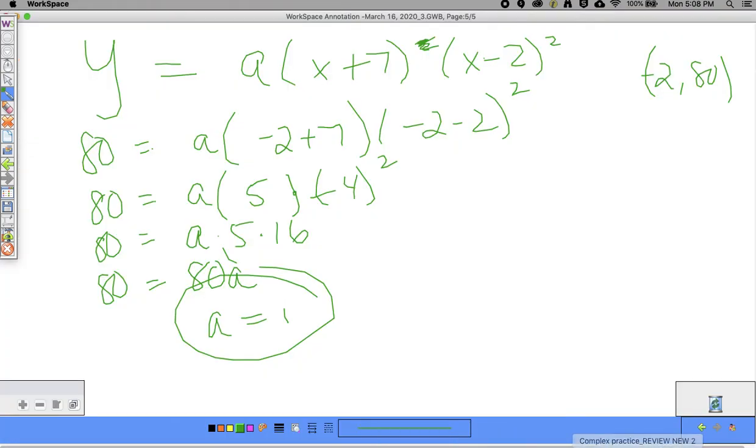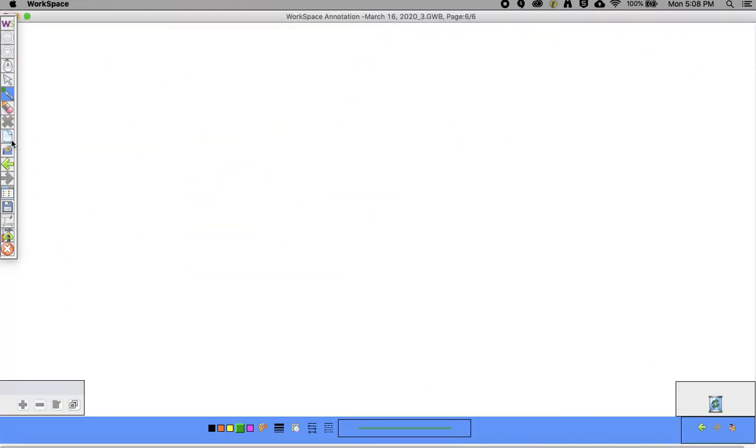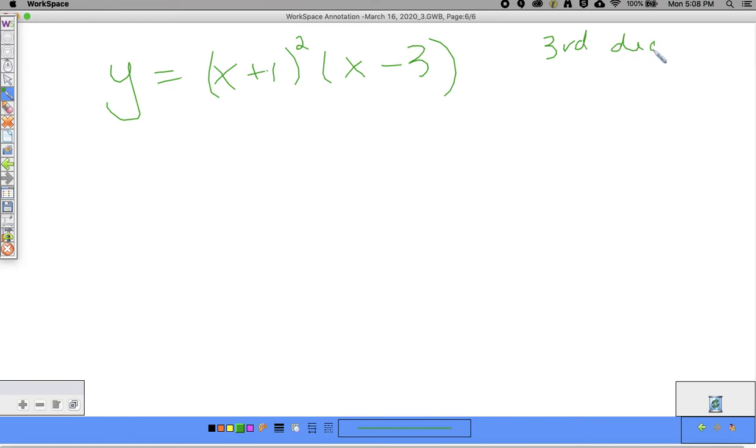And before I go, I do want to point out that, if you have something like y is equal to, let's say, x plus 1 squared times x minus 3, right? This right here, if this is x squared and there's another x, this should tell you that this is a third degree poly, okay?